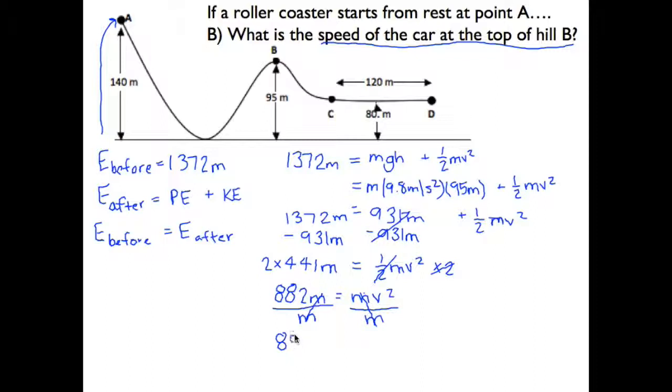Then I'll have 882 equals v squared. I'm going to take the square root of both sides, and I'm going to get 29.7 meters per second, and that's my speed at the top of hill 2.